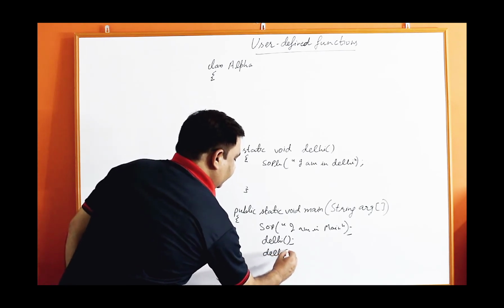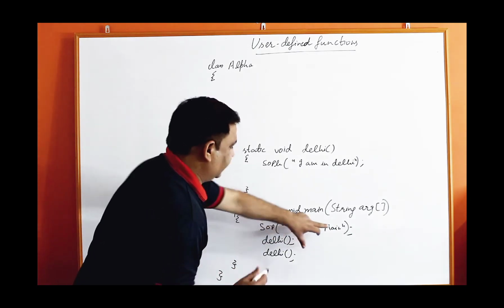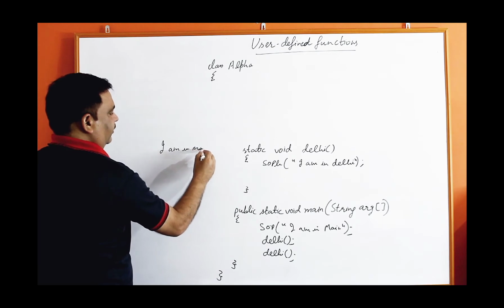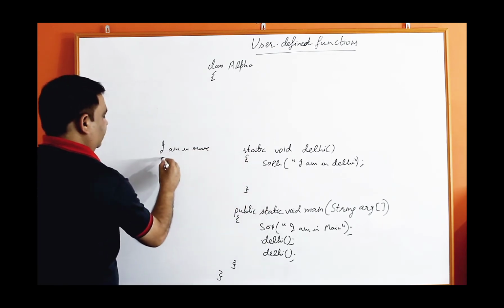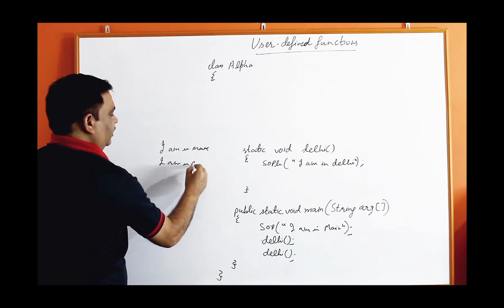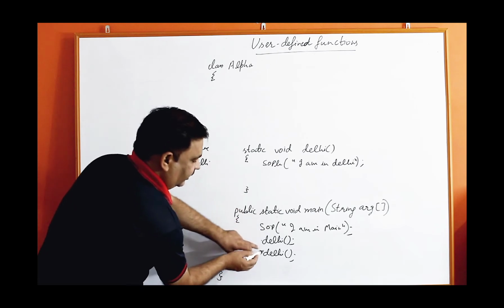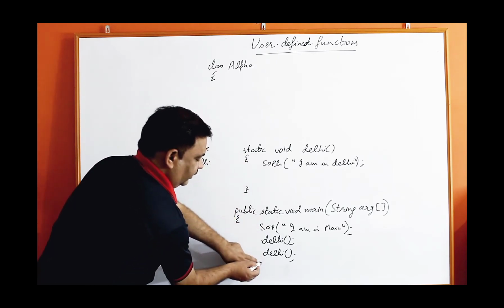If you call it a second time, what will the output be? First of all, this line will be printed, I am in main. Then control will jump from here to here, and it will print I am in Delhi. After printing this, control will come back here, and the second time again it will jump, and after printing control will come back here again.